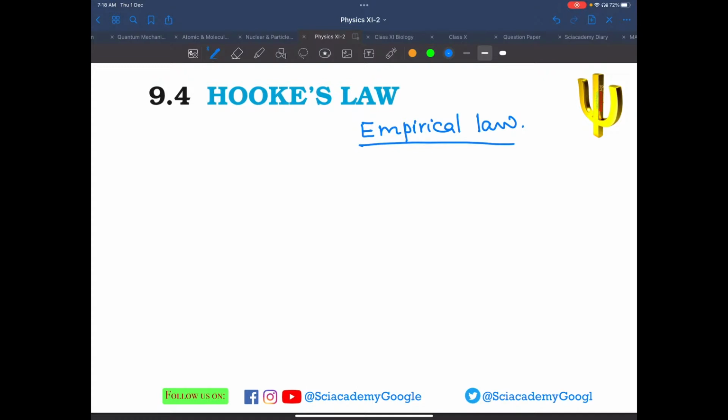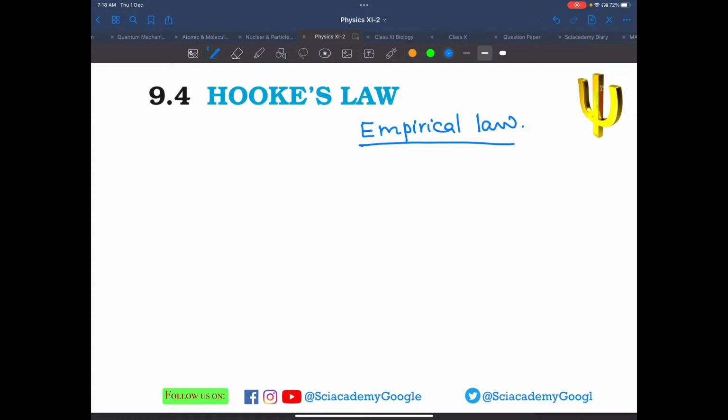Okay, so let us discuss what is Hooke's law. Strain and stress take different forms, as we discussed earlier: longitudinal stress, shearing stress, hydraulic stress, right? For small deformation, the stress and strain are proportional to each other.